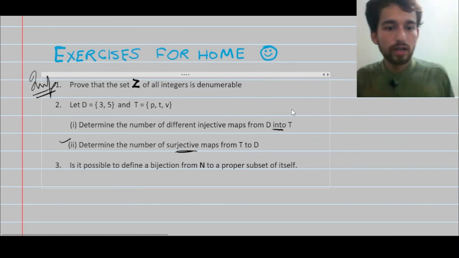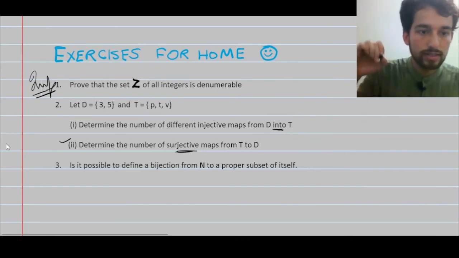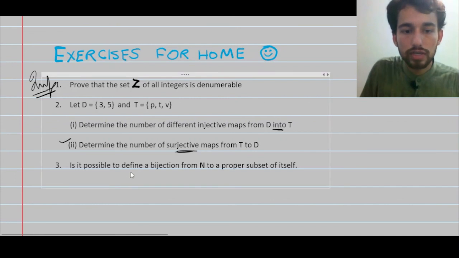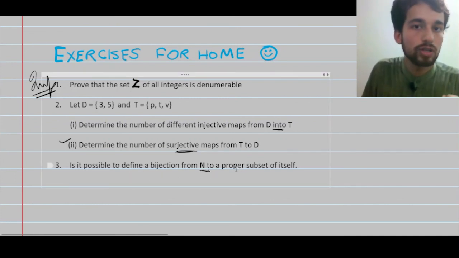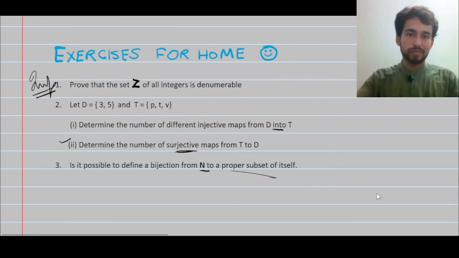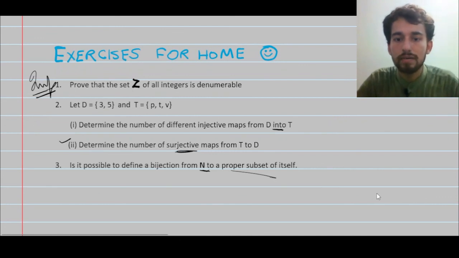Now at the very end, there's a last exercise for today, the third exercise. It says: is it possible to define a bijection from the set N of natural numbers to a proper subset of itself? If you recall the last video, we have already covered what we mean by proper subset.